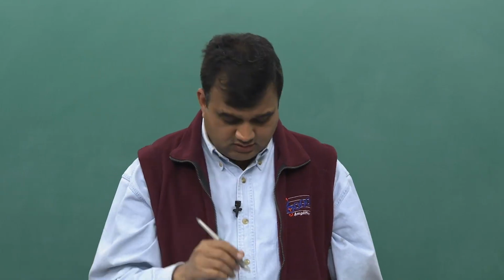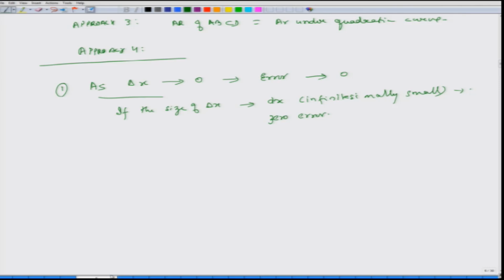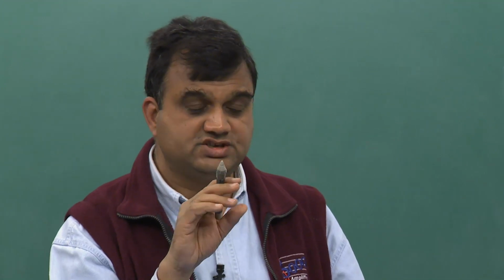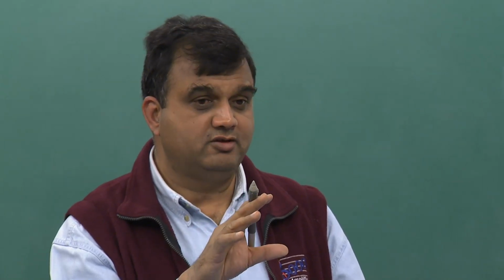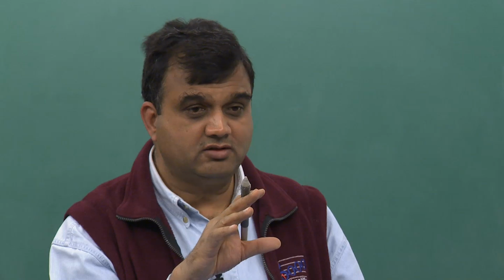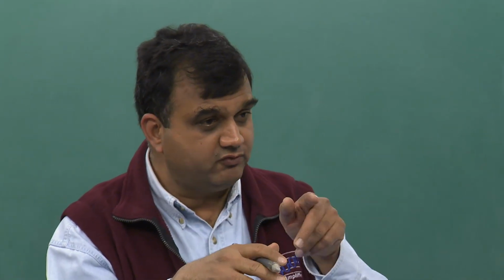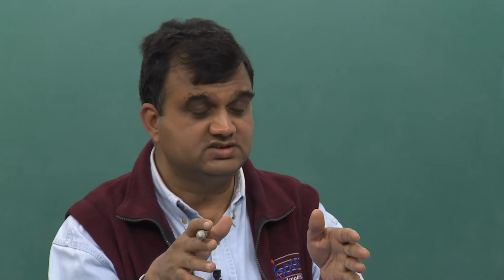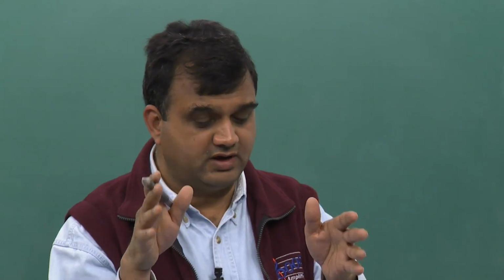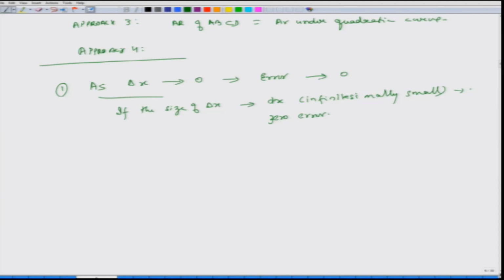So, what I do is that I reduce the size to a significantly small number, but it is still not infinitesimally small. So, I still have not infinite number of elements, but finite number of elements. Okay. That is where the term finite element comes into picture, that the size is not extremely small and vanishingly small, but it is finite in size, and also the number of elements is finite. So, this is one. So, as delta x approaches 0, my error goes to 0.